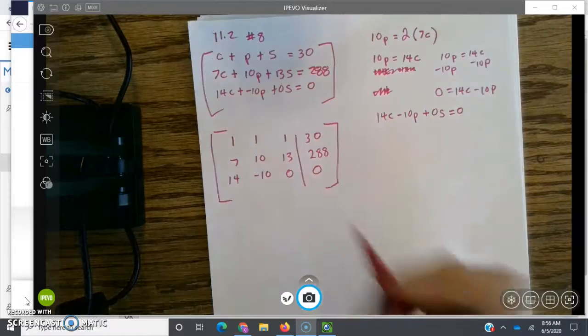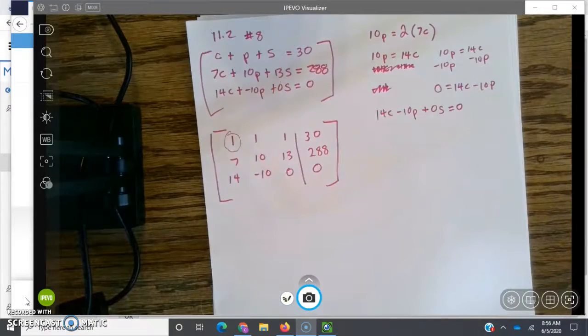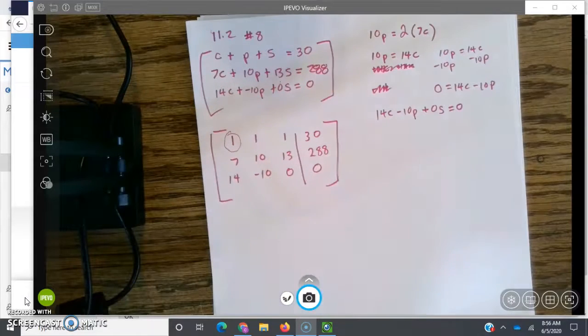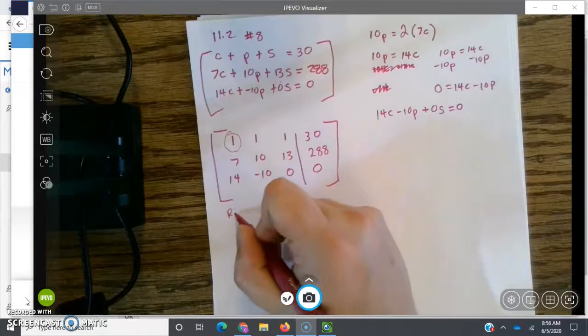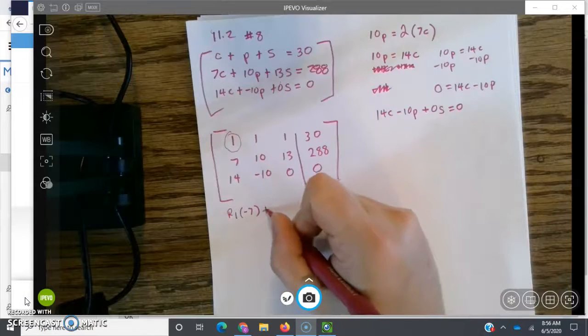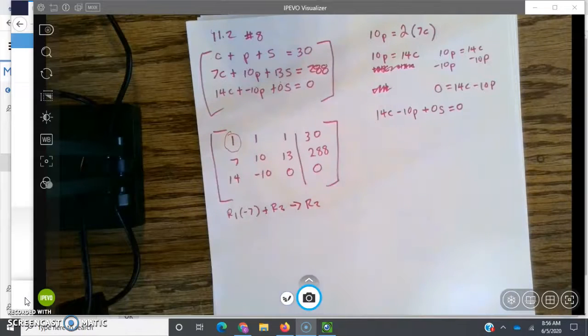What we want to do is have a 1 in this first position here, which we do, and then we want to have zeros in the 7 and the 14 position. So we've got to make zeros somehow. One thing we could do is take our first row, multiply it by negative 7, add it to the second row, and put it in for the second row.